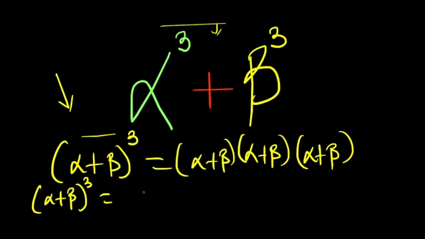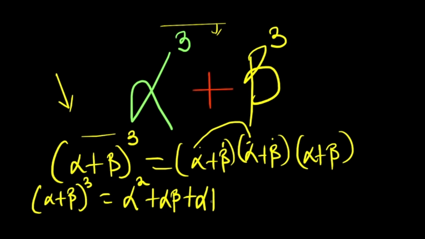okay? Hence, we shall have alpha times alpha, okay, is alpha squared, then alpha times beta is plus alpha beta, then again beta times alpha will give you alpha beta.